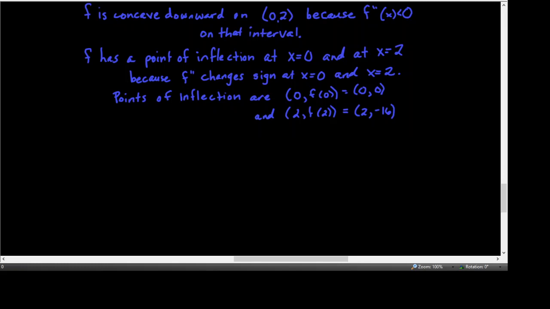For example, it's always good to have an example. If I had f of x equals x to the 4th, whose first derivative is 4x cubed, and whose second derivative is 12x squared, and I set that equal to 0, or f double prime doesn't exist.